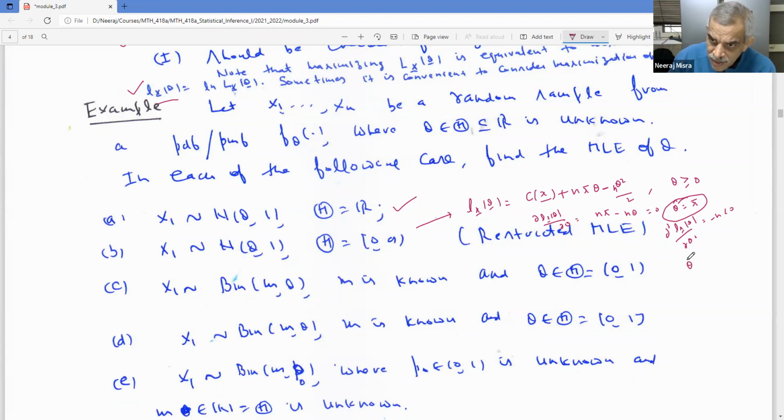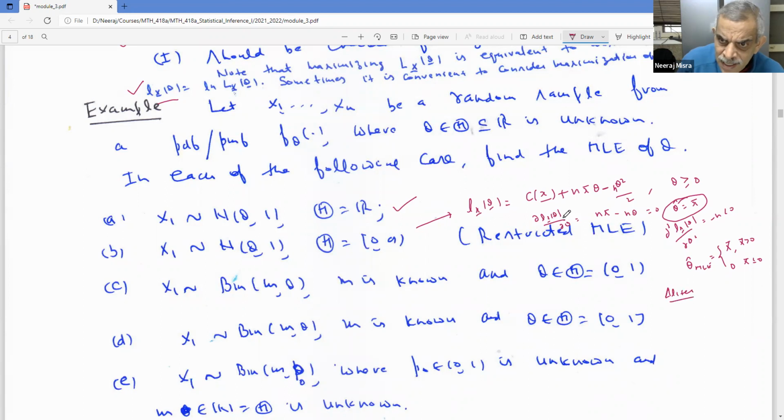So your theta hat MLE in this case would be x bar if x bar is positive, and 0 if x bar is less than or equal to 0. So if your parameter space is 0 to infinity, then this is the MLE.